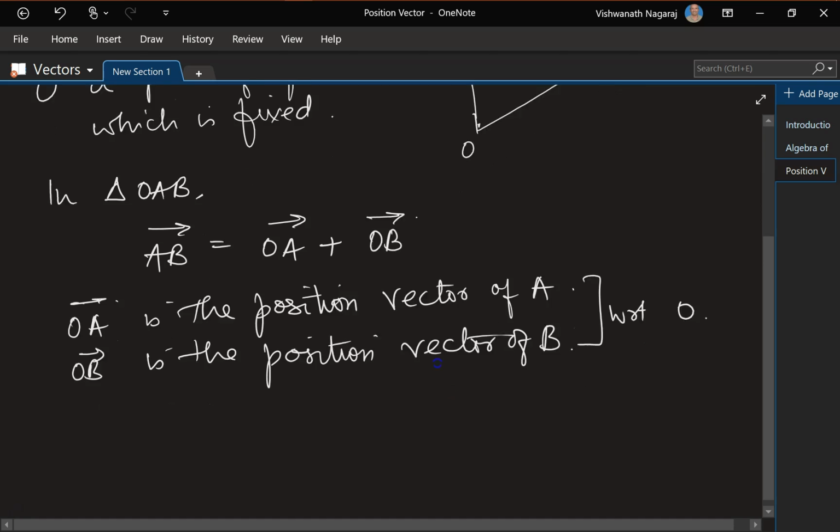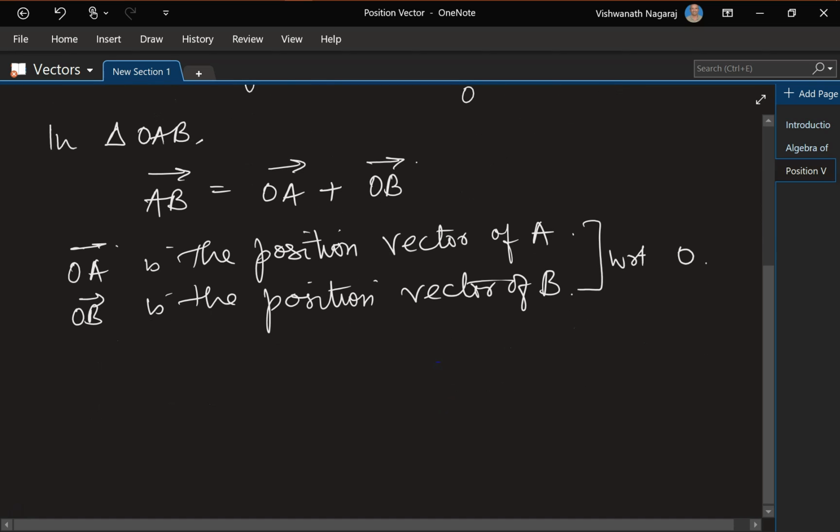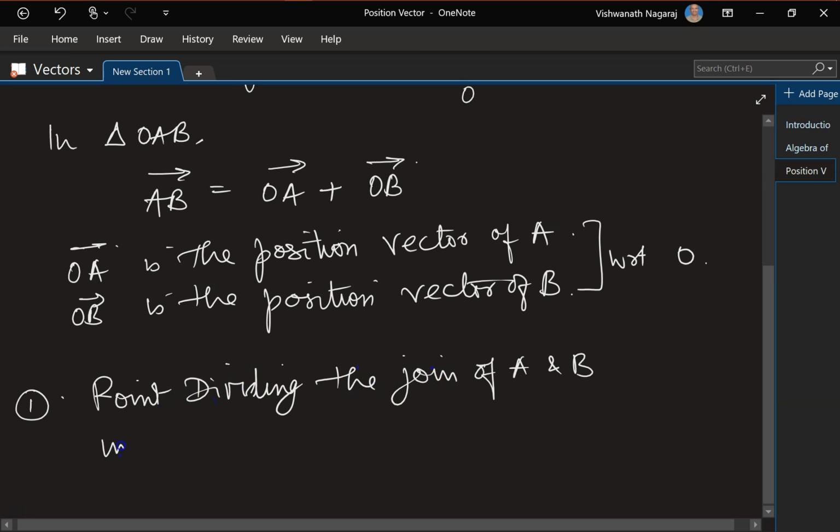So let's see how the concept of position vector can be really helpful. We are going to look at a point dividing the join of AB internally in the ratio m:n.